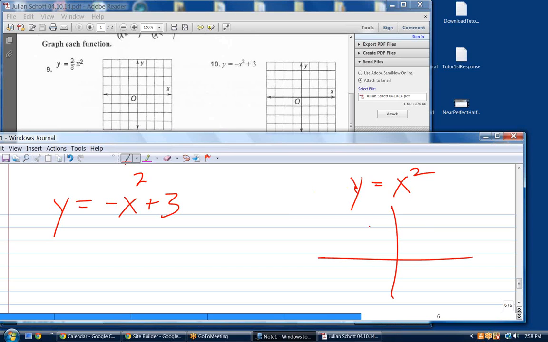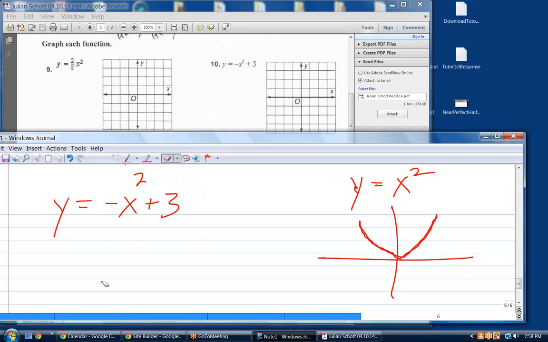Let me draw my elementary function, and then let's start translating it and reflecting it. We have 2 things affecting this that make it different than the elementary function. What are the consequences of that +3, and what are the consequences of that negative sign?